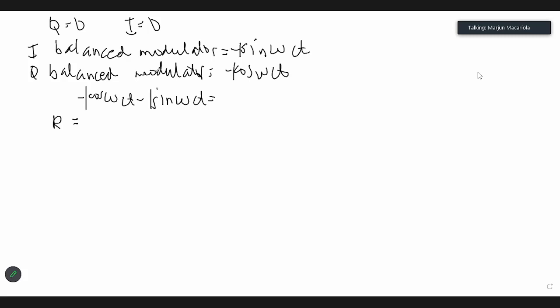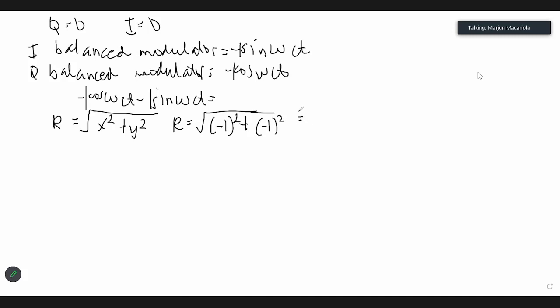Okay. So to be able to get the resultant, what we're going to do is square both magnitude of each balance modulator outputs. Okay? So kunin ko lang yung numerical coefficient. Unahin natin itong formula, x squared plus y squared. So r is equal to the square root of negative 1 squared plus negative 1 squared.